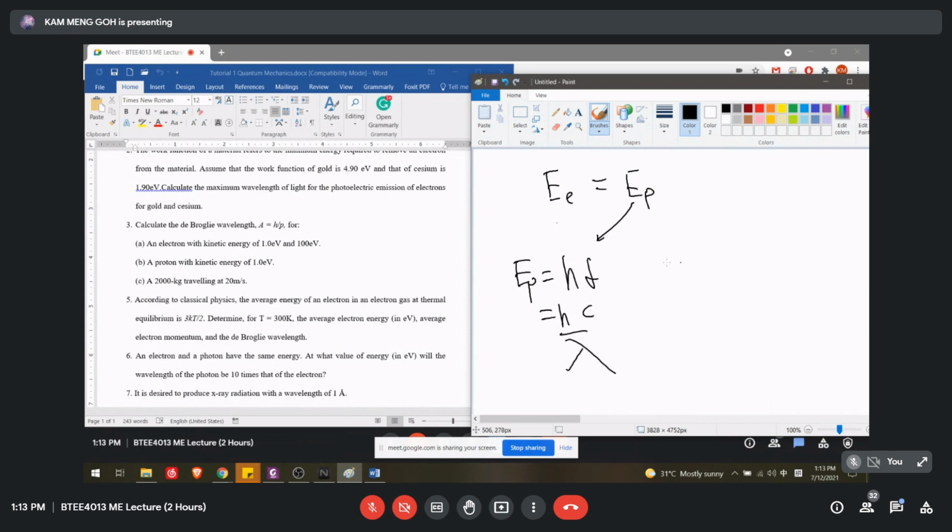And then for the electron, the energy is equal to half mv squared.